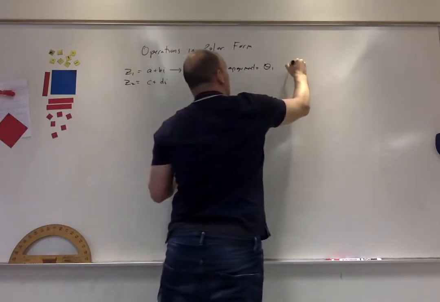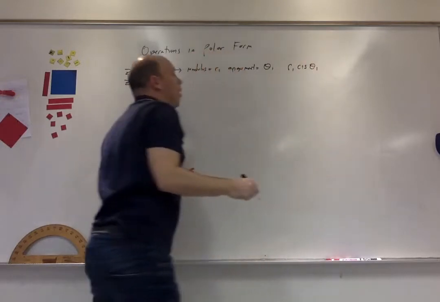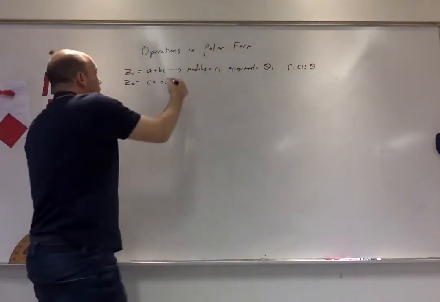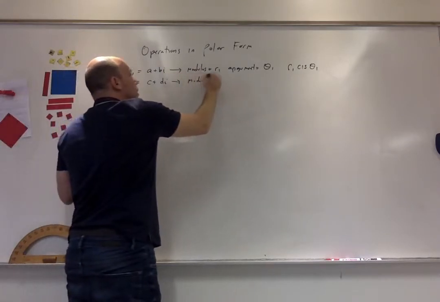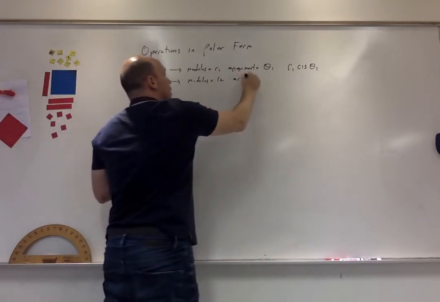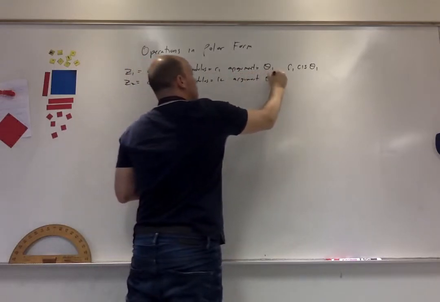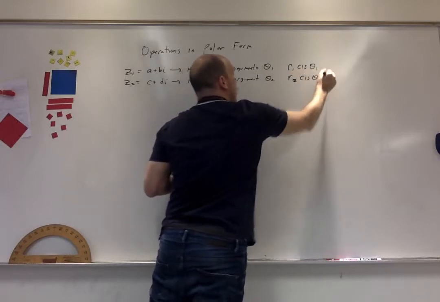So this is r1 cis theta 1. Okay. Now, the same thing with z2. We have the modulus, we're going to call this r2, and the argument is theta 2. So we have r2 cis theta 2.